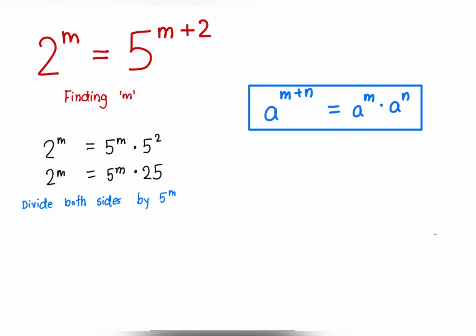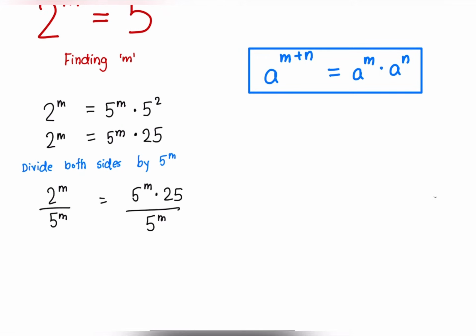So this shouldn't really make a difference to our equation, so that would give us 2 to the power m divided by 5 to the power m, which gives us 5 to the power m times 25 divided by 5 to the power m.